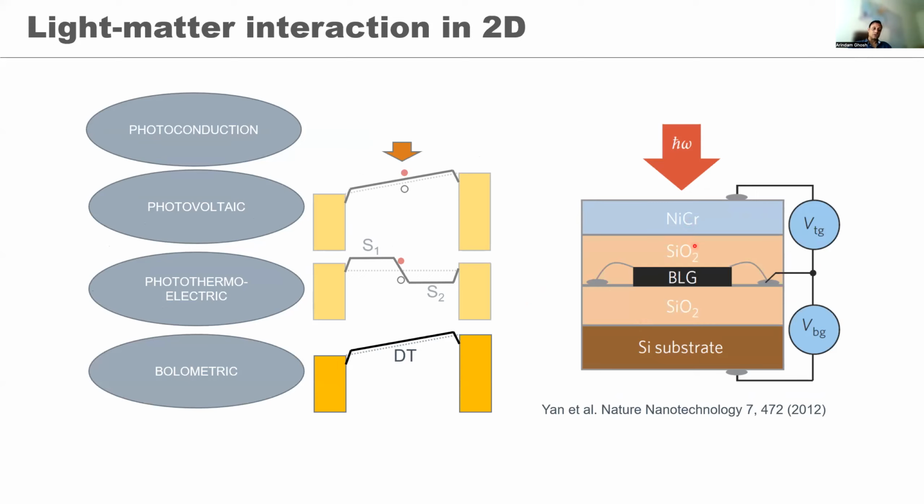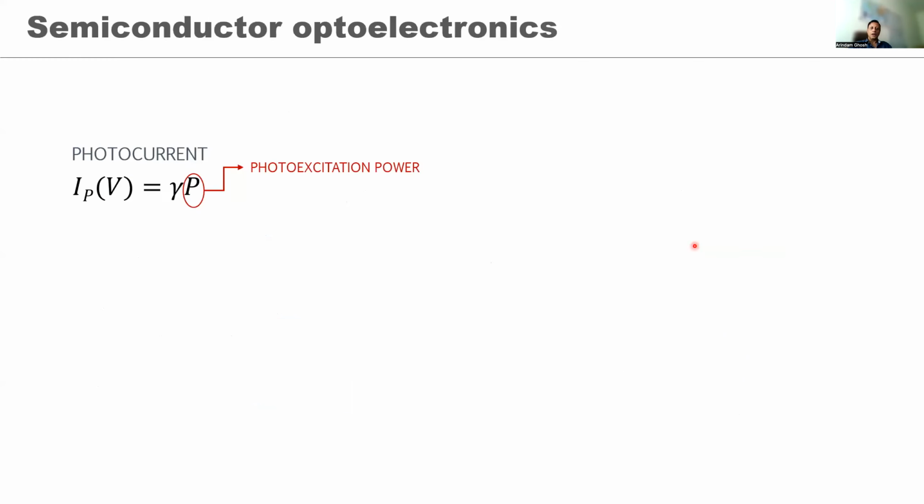What I'm going to show you today is that graphene and TMDC hybrids, or some of these 2D hybrids, probably require a completely different mechanism in order to explain their sensitivity to optical radiation.